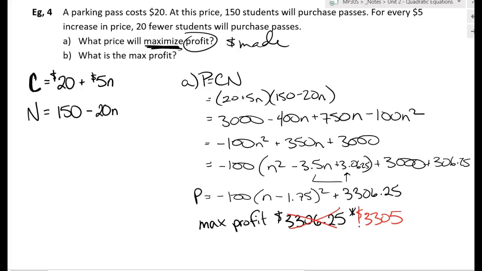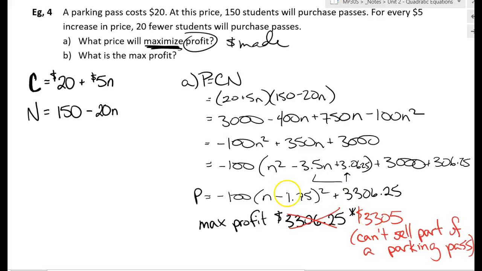So when you do these questions, always go back and make sure your answer makes sense, because we cannot sell part of a parking pass. Okay, so that's why this happens. Now, I'd want to double check that this is an okay value to have.